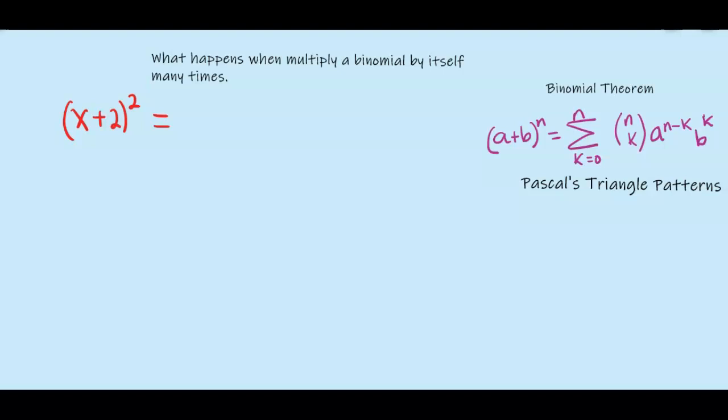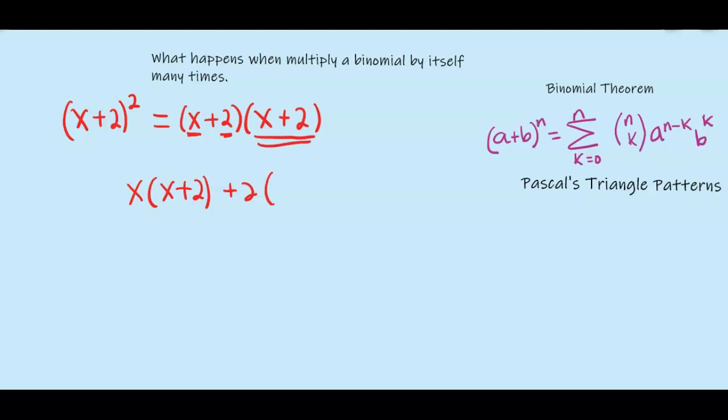So here, if we have (x + 2) all squared, it's telling us that x plus 2 is multiplying itself twice. In the normal sense, we would take this and multiply it by this. Bring our plus, take our 2 and we multiply again with that.